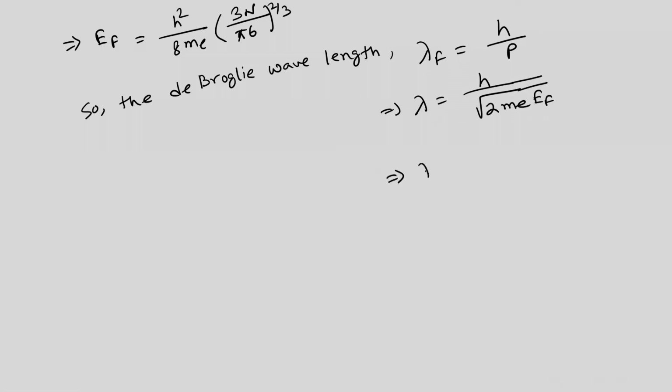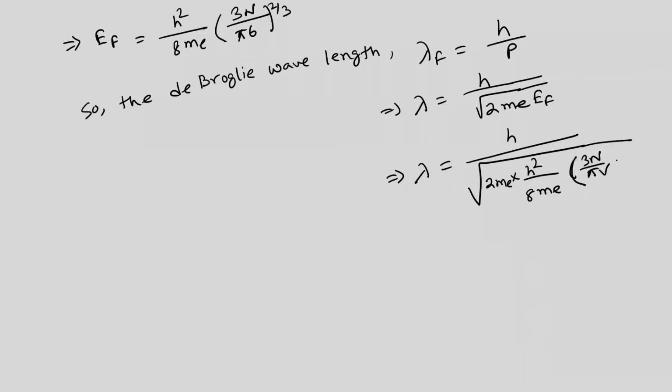So, we get lambda is h by root over twice m times h squared by 8 m e, where m e is the mass of electron, times 3n by pi v to the 2 by 3. So, you get lambda is h by root over h squared by 4, 3 n by pi v to the 2 by 3.